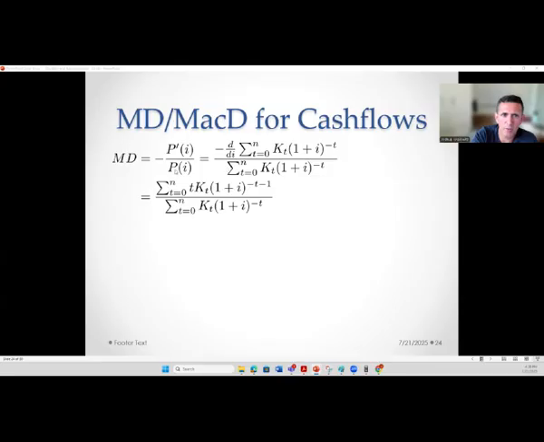The numerator is just the derivative of the price with respect to interest rate i. Strictly speaking, use the power rule: drop the minus t, subtract 1 from the exponent, and you get the following. But when t equals 0, it's just 0, so it's really t equals 1 to n.